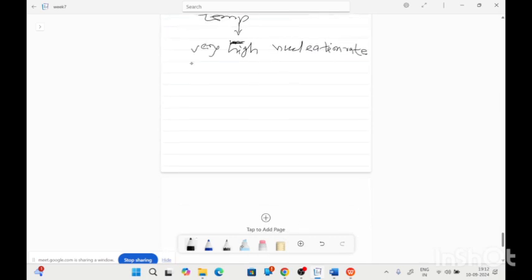So the first method is solidification behavior modification.